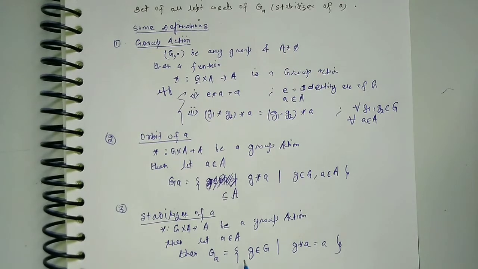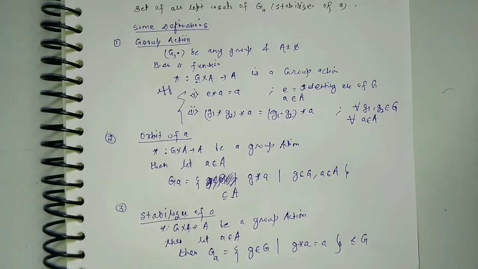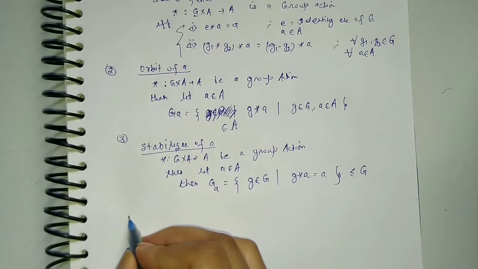Then this set is called stabilizer of a in group G, and this set forms a subgroup of our group G. Clearly here we can see that stabilizer of a is a subgroup of G, but orbit of a is a subset of capital A.